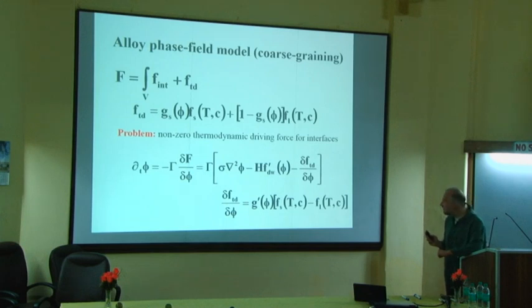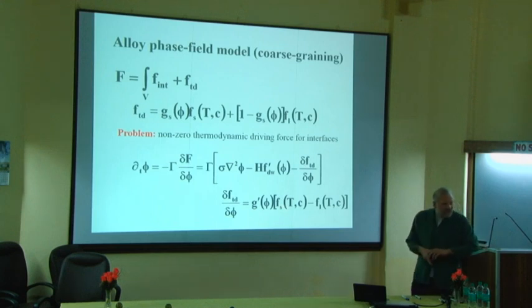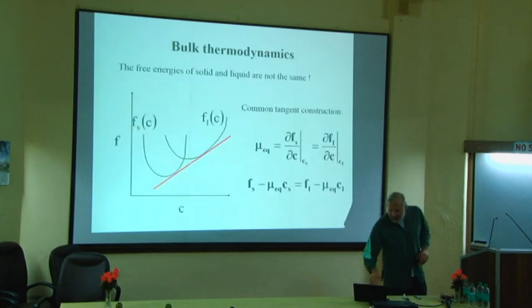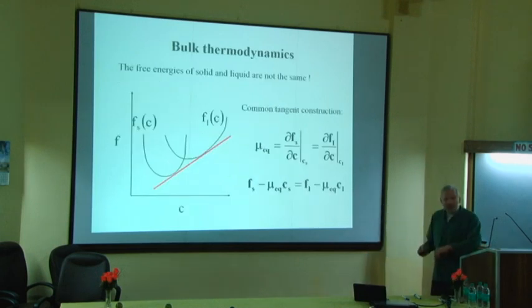Why is that? Because we have seen yesterday, I've done these calculations on the blackboard, that for a pure substance, if the free energy only depends on T, at the melting point, solid and liquid free energies are the same. Whereas for a binary mixture, we have gone through that yesterday.